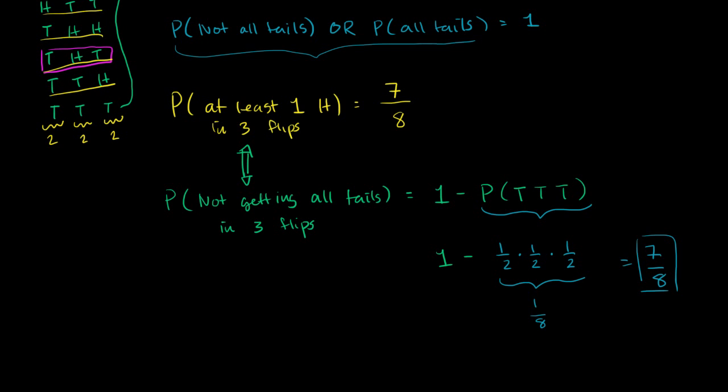So we can apply that to a problem that is harder to do than writing all of the scenarios like we did in the first problem. Let's say we have 10 flips. The probability of at least one head in 10 flips.